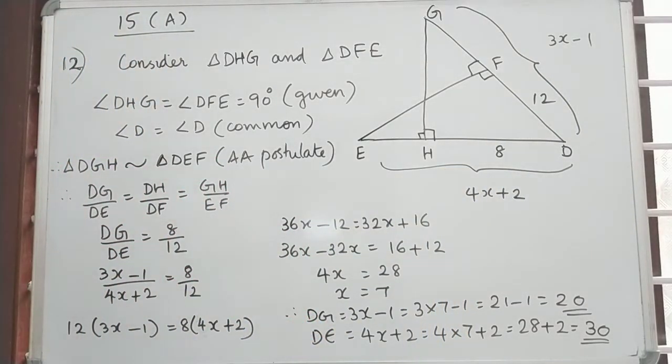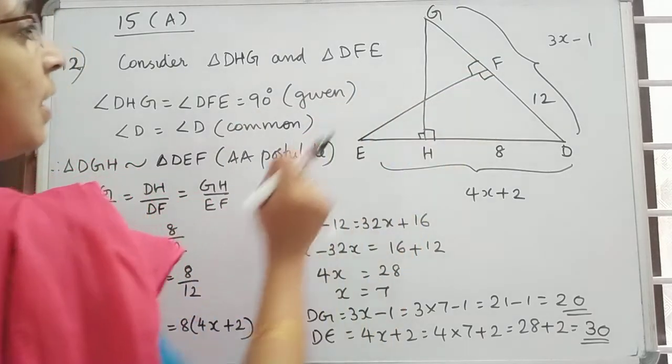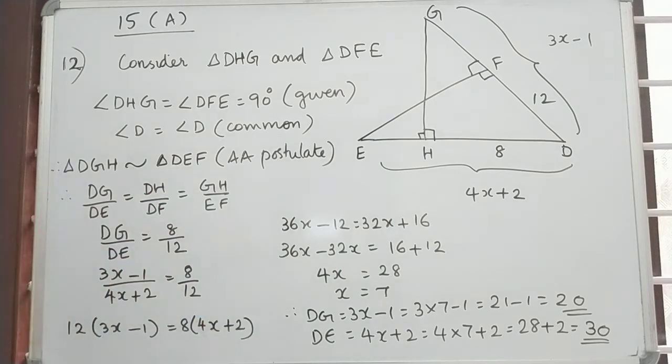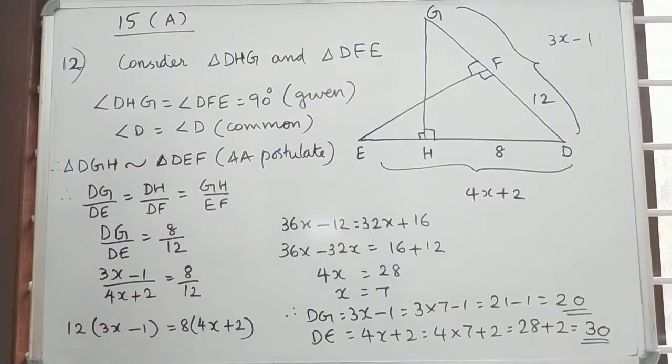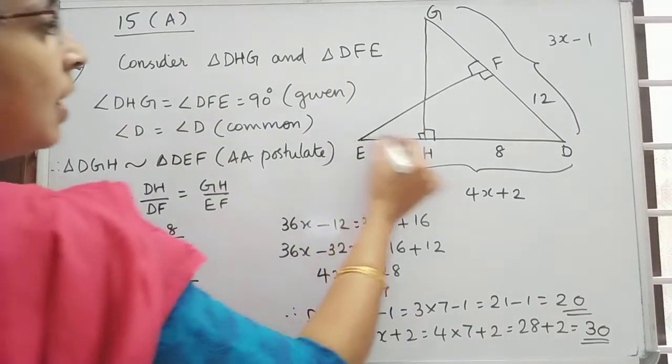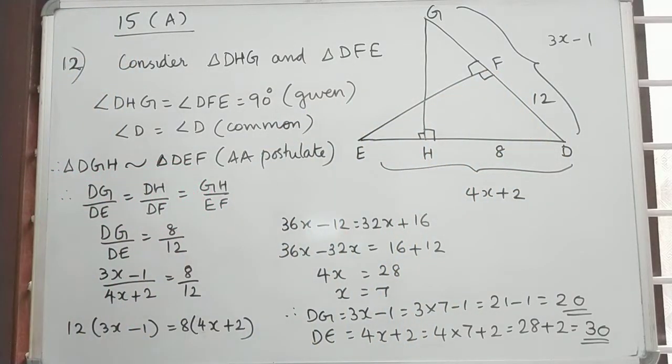For that consider triangle DHG. Since these are 90 degrees, consider triangle DHG and DFE, this triangle DFE.